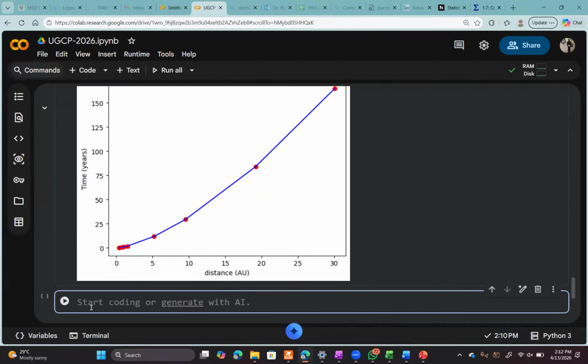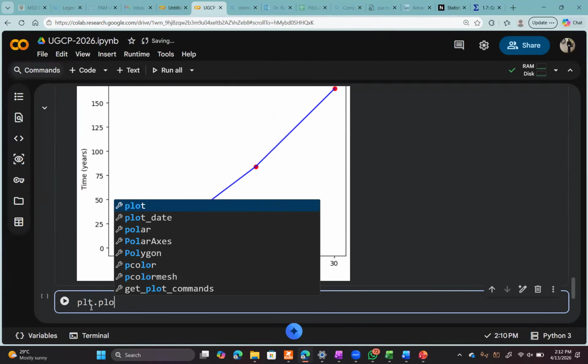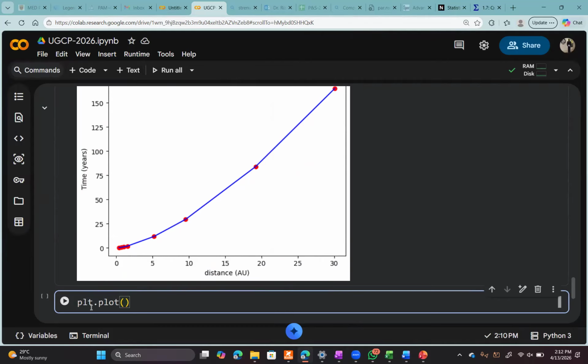Here I'm going to plot plt.plot of numpy log of d and numpy log of t, and we expect the data to appear on a straight line. So okay.